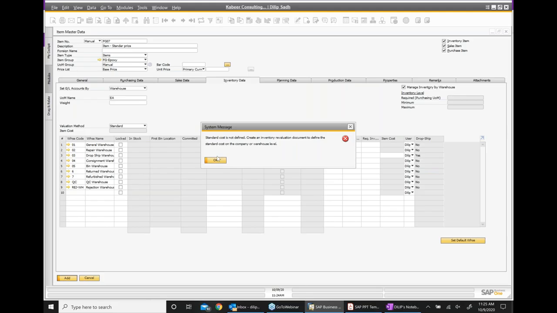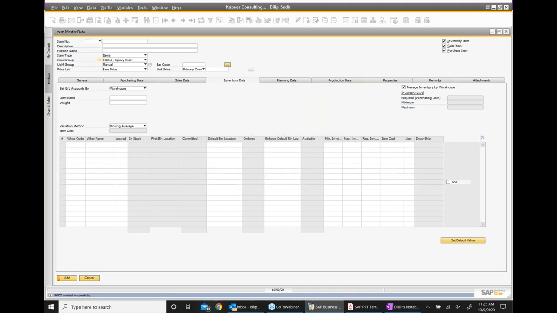Now see the message here. Standard cost is not defined. Create an inventory valuation document to define the standard cost on the company or warehouse level. So the system is saying that we have to create something called a revaluation document to set up the standard cost. We hit okay.